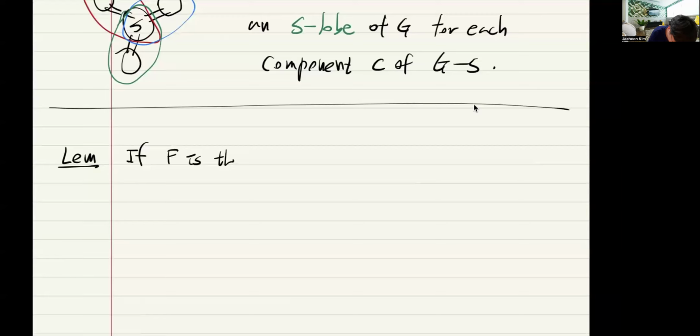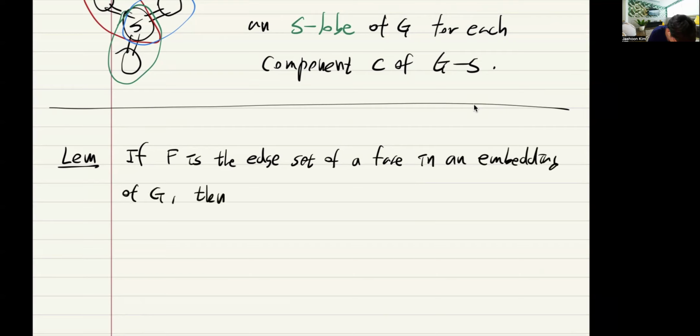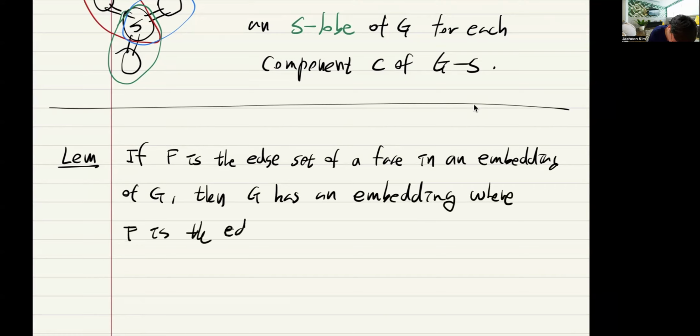If F is the edge set of a face in an embedding of G, then G has an embedding where F is the edge set of the unbounded face.